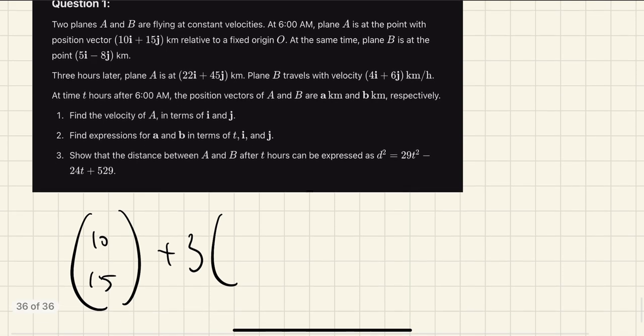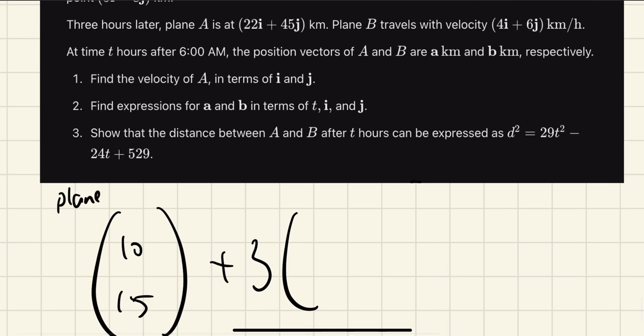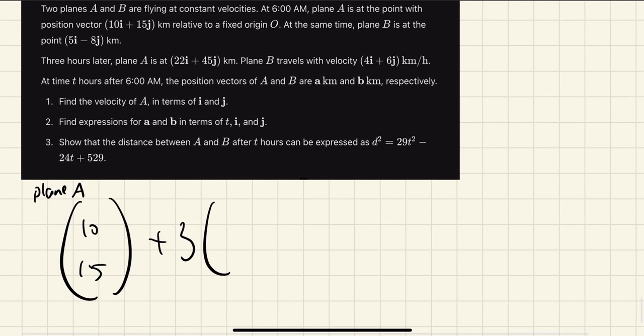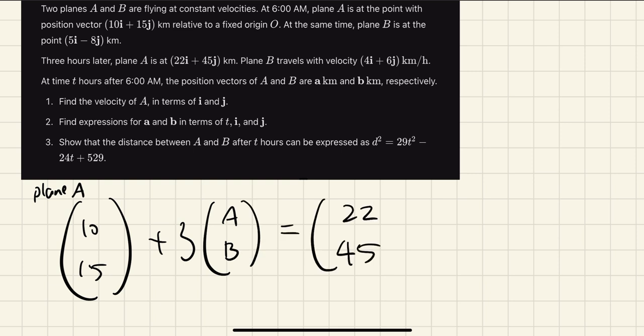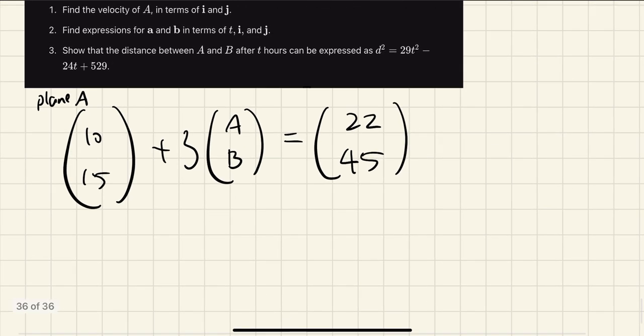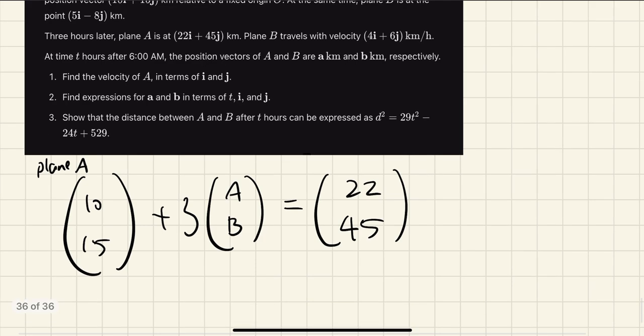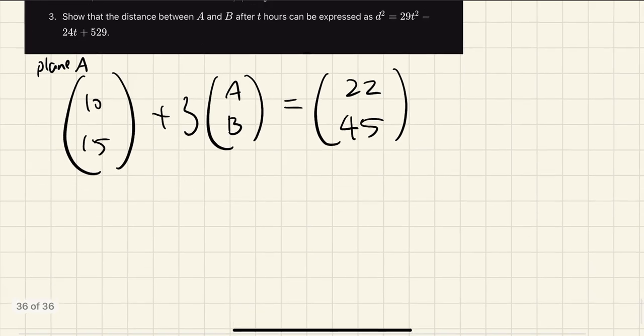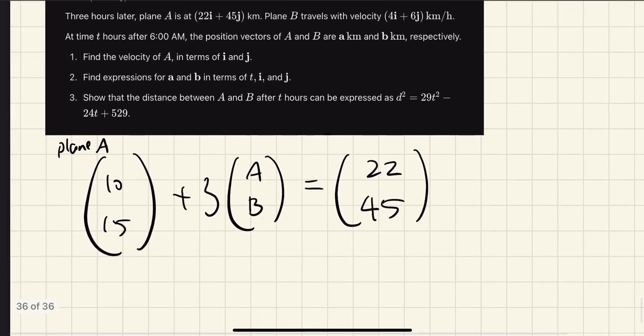This is for plane A, so I should mark that down. But we don't know the velocity, they never gave us a velocity vector. The position 3 hours later is 22, 45. This is a pretty easy problem to solve, you just have to use algebra.